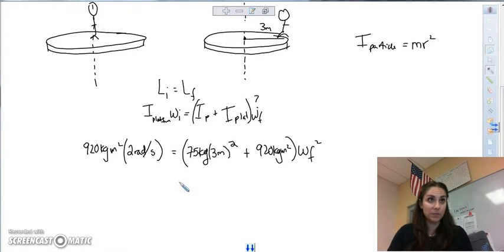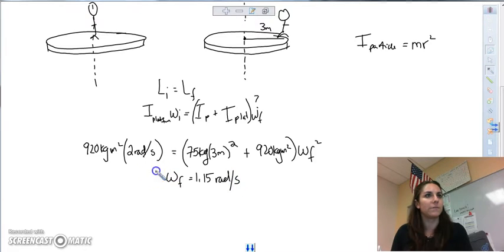I'm going to solve this now. Let's see if I got that. Where's my work? Yeah, perfect. Okay. So when I solve this out for omega final, I get 1.15 radians per second.